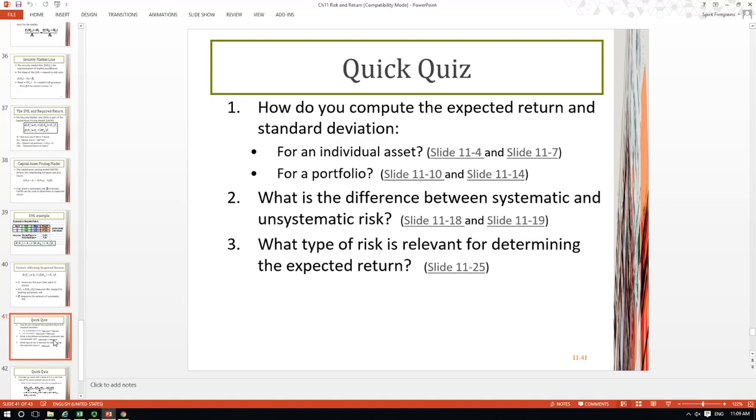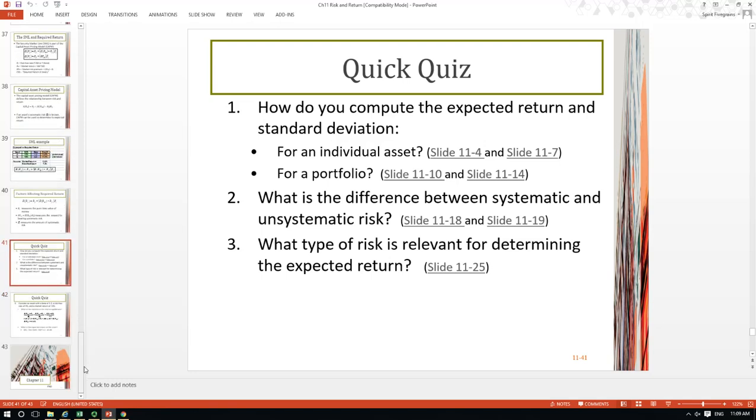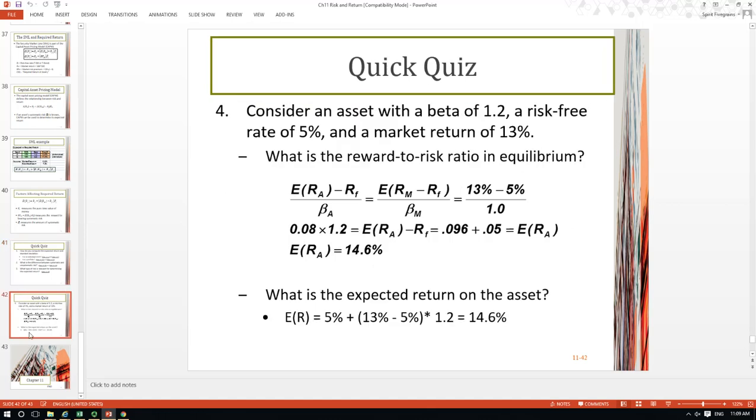So from this lecture, for the third question, only the systematic risk is relevant in estimating expected return for a single stock based on the CAPM model or security market line, or the true relationship between risk and return. Remember, when portfolios are well diversified, the only risk that worries investors is systematic risk, or beta.